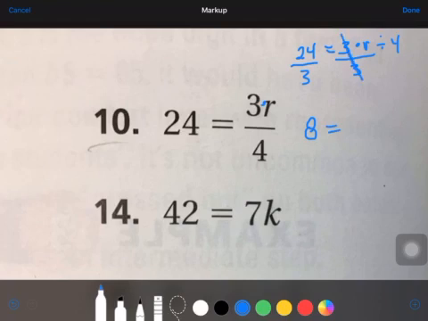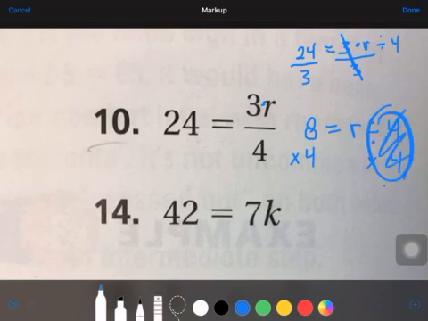And then these cancel each other out, so I'm left with r divided by 4. So now I'm going to times to get rid of the 4. And on this side, these cancel out with r. And then 8 times 4 is 32. So I'm going to get the same answer either way.